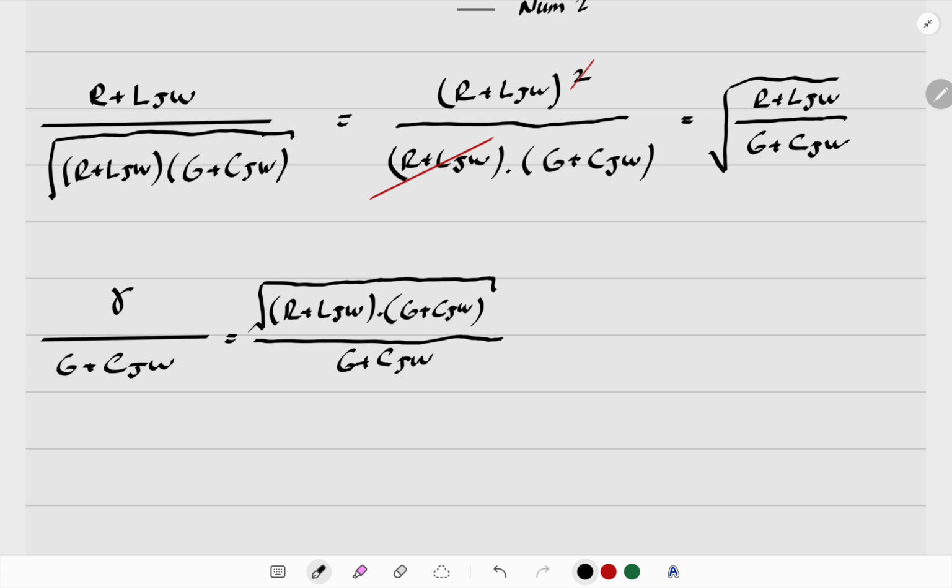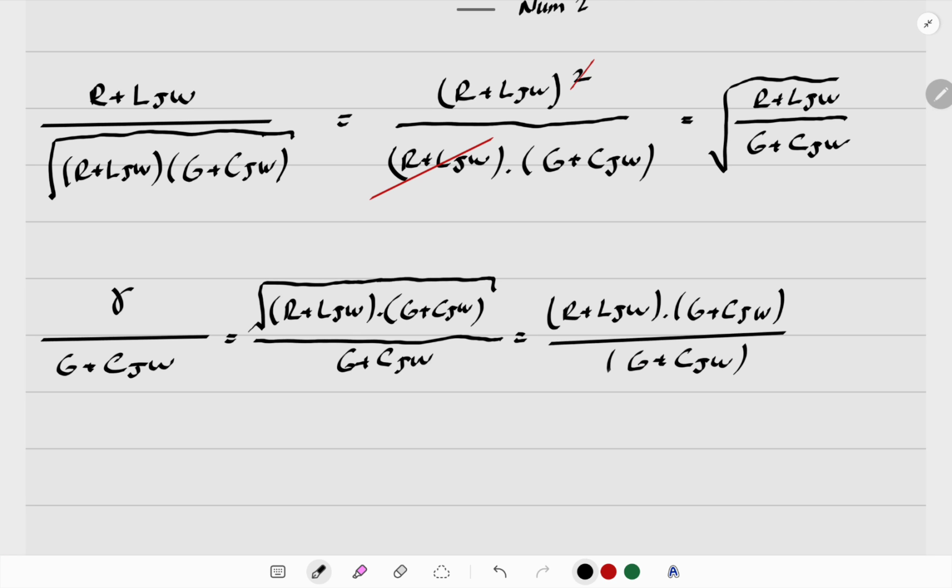And if you take the square of this position again, you see that r plus lj omega over the square of g plus cj omega.